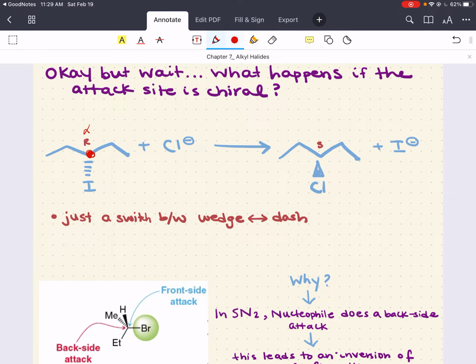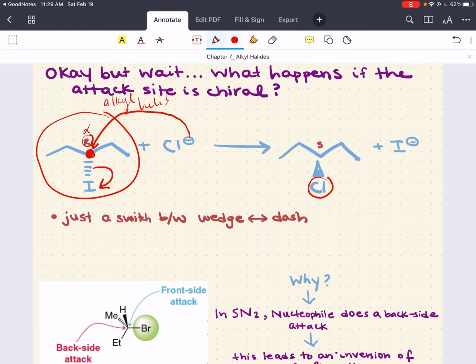So here is our alkyl halide starting material. Here is our electrophilic carbon. The configuration for this site is R. Here is our nucleophile. It's going to come and attack this electrophilic carbon. The halogen will leave and it'll be replaced with chlorine. But because this is a chiral center, your product is going to have the opposite configuration.